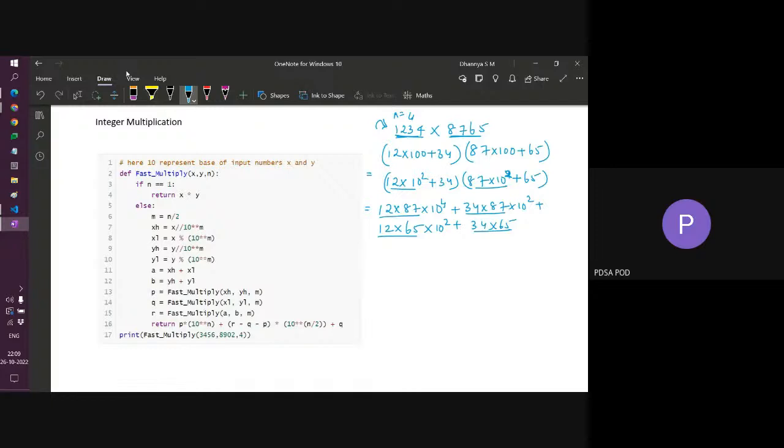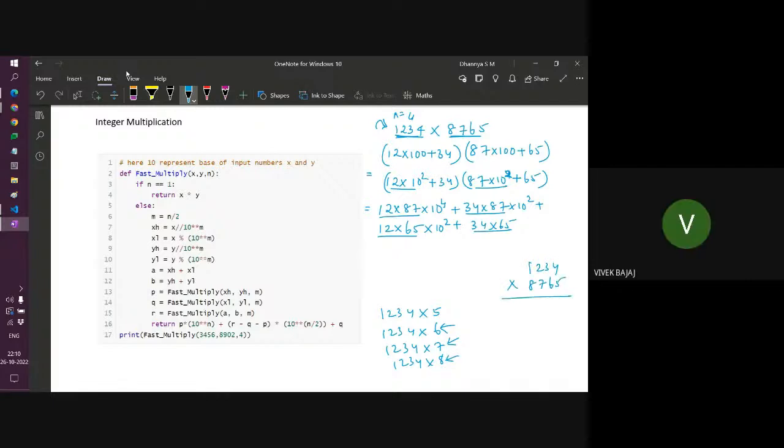Can I do any better compared to the time I'm taking for n by n? Typical n by n multiplication: you have to do 1234 into 5, then 1234 into 6, 1234 into 7, 1234 into 8. All these things you have to do, and then you shift by 1, shift by 2, shift by 3. I hope I'm making sense.